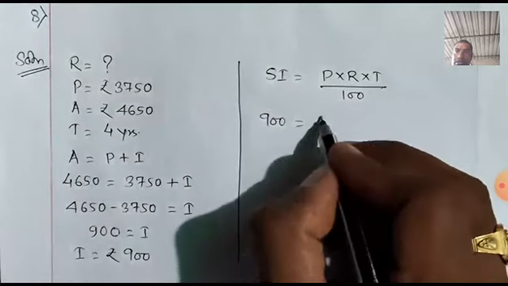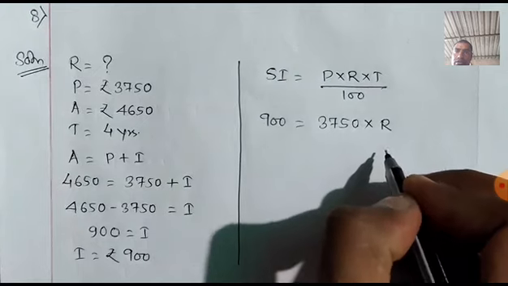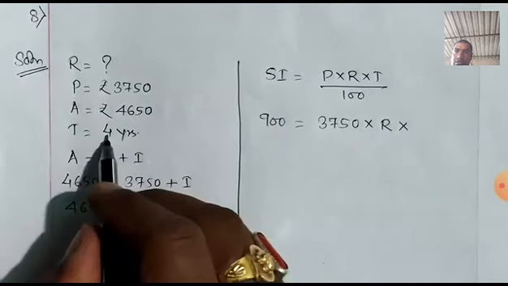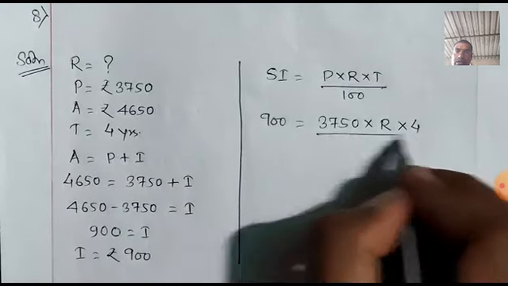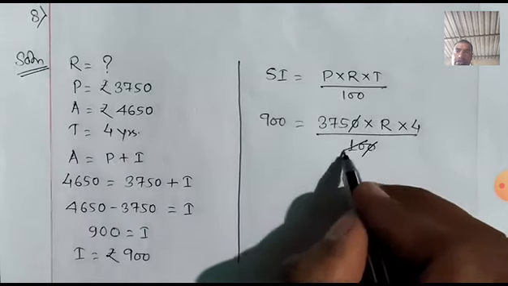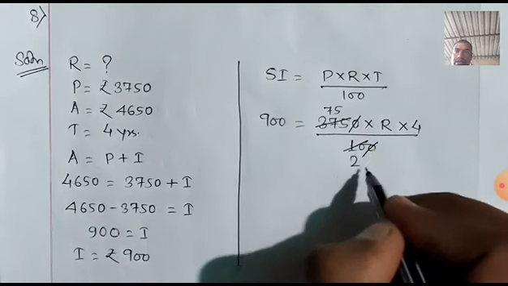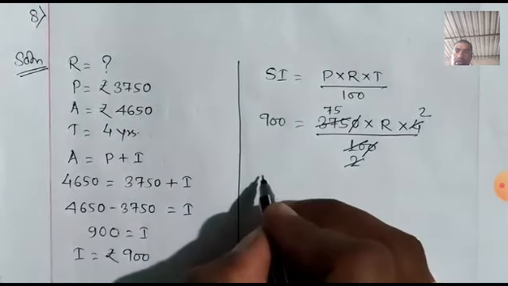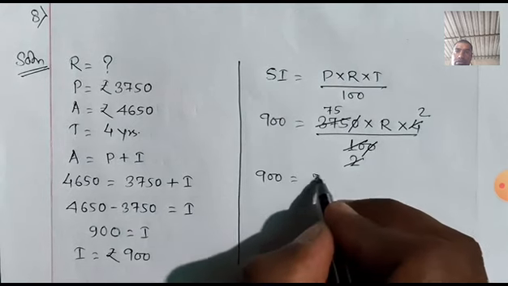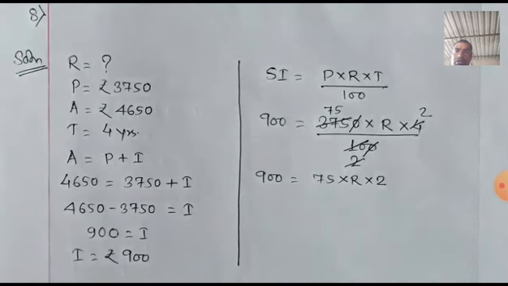P is 3750, R is as it is, T is 4 years, upon 100. Zeros get cancelled. Then do the calculation. Here 75 the 2, 2 1 the 2, 2 the 75 into 2. So 900 is equal to 75 into 2 R.